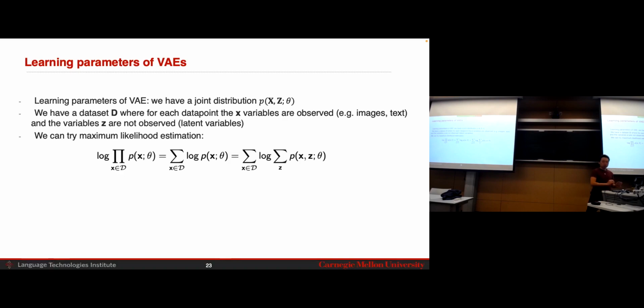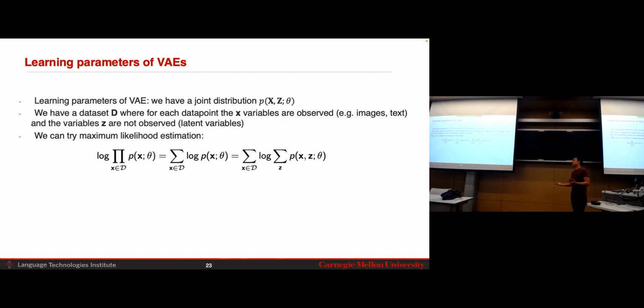So your log probability is a product over all data points in your data set, and for each data point, the likelihood of that data point under your generative model. The log of the product becomes a sum of logs, and your log likelihood is actually decomposed as a function of summation across all Z's, marginalizing across all Z's, P of X and Z.